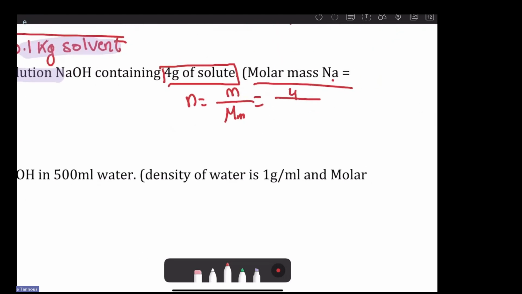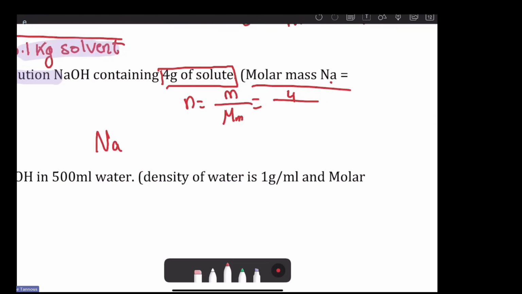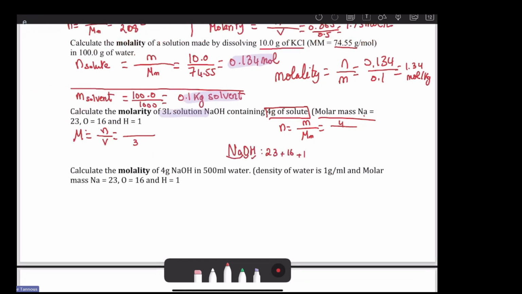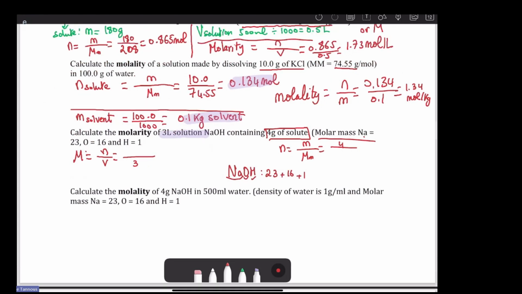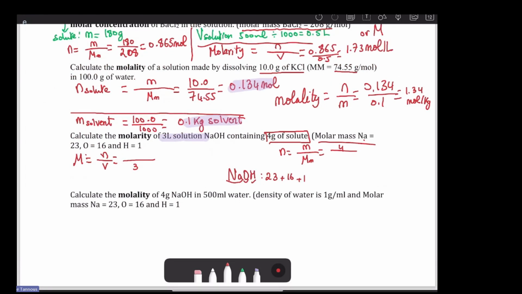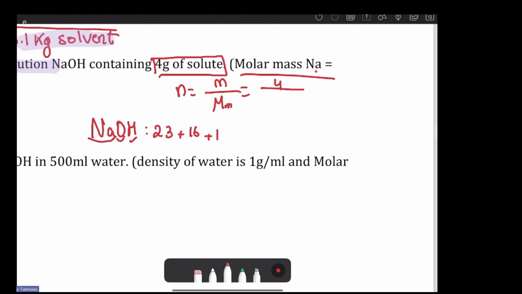So let's find out the molar mass of NaOH. It's the molar mass of Na plus the molar mass of O plus the molar mass of H. All of these values are given. They might give it to you, you might get it from the periodic table, or in some questions, they solve the molar mass and give it back to you.